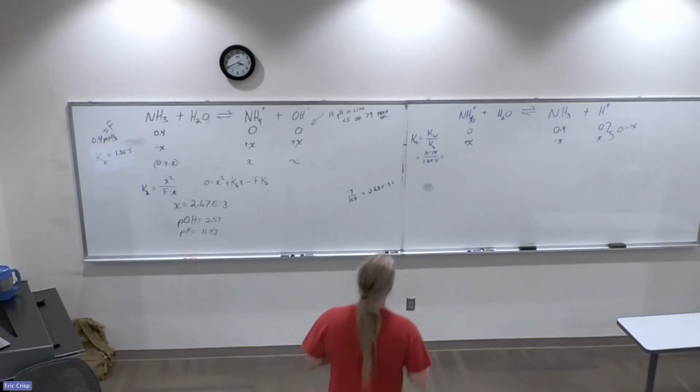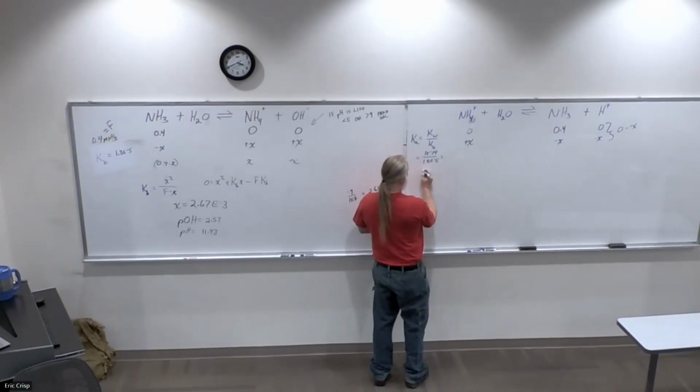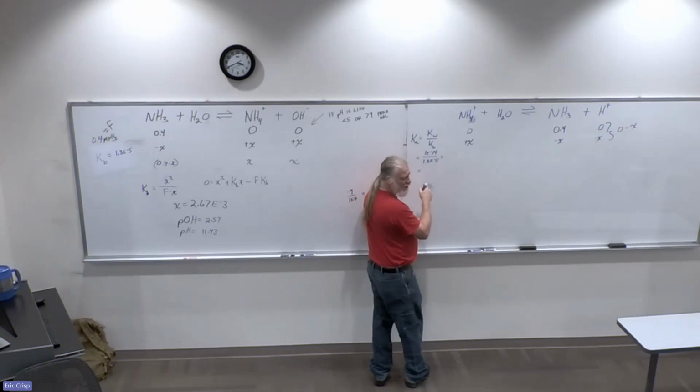Well, let's try it. Let's see what we get. So what was this value here? Our Ka.